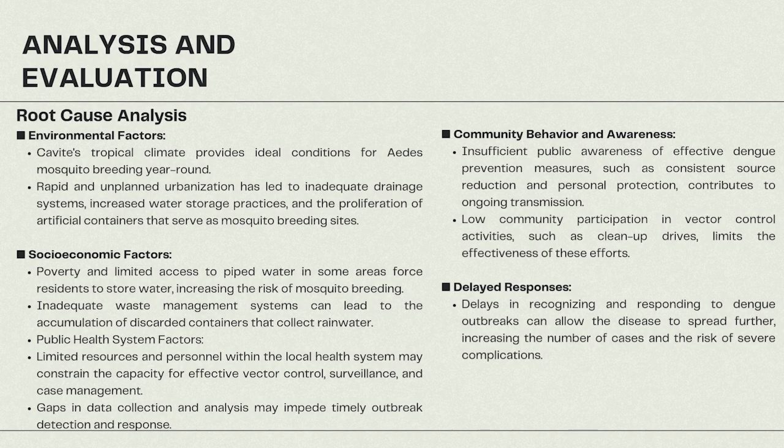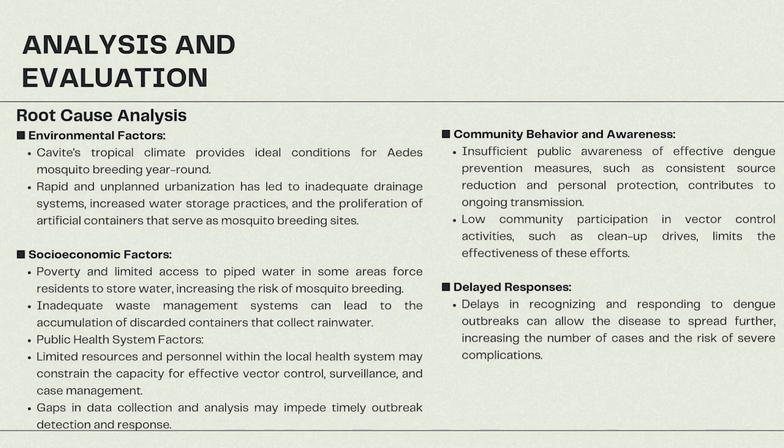So the persistent threat of dengue in Cavite is driven by multiple root causes across environmental, social, and systemic levels. Environmentally, Cavite's tropical climate allows Aedes mosquitoes to breed year-round. Rapid, unplanned urbanization has worsened drainage systems and led to water storage practices in scattered containers that become breeding sites.